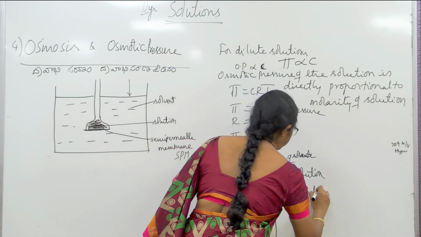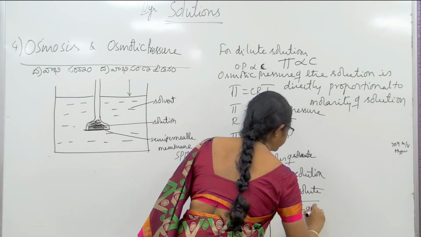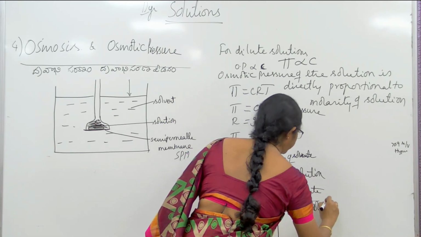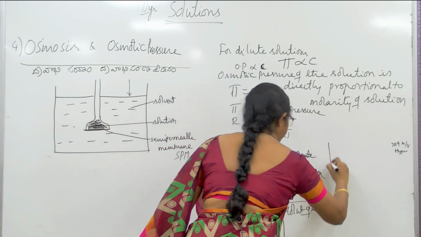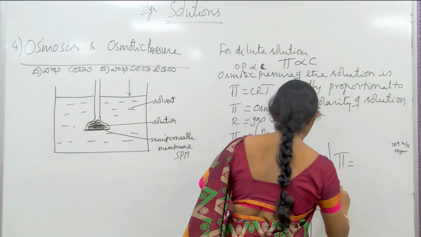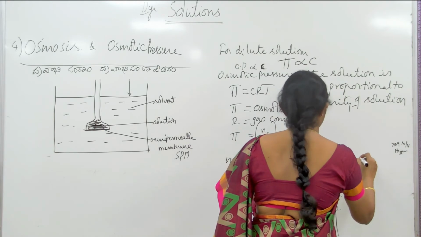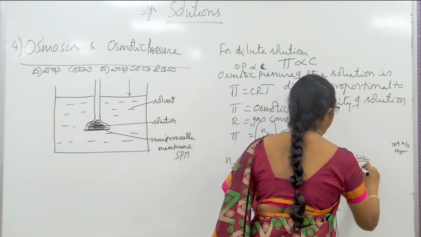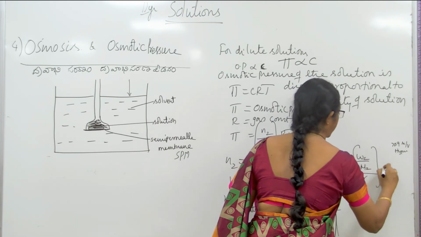Here n2 is the number of moles of the solute. The number of moles of solute is equal to the weight of the solute divided by the molecular weight of the solute.